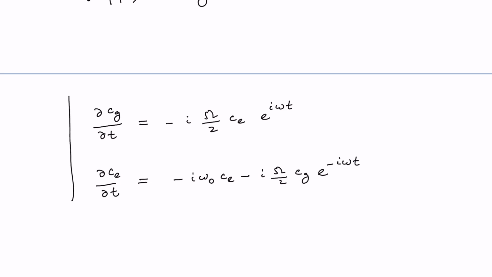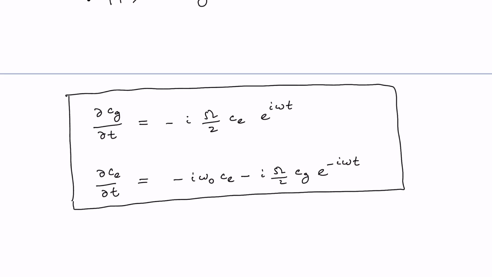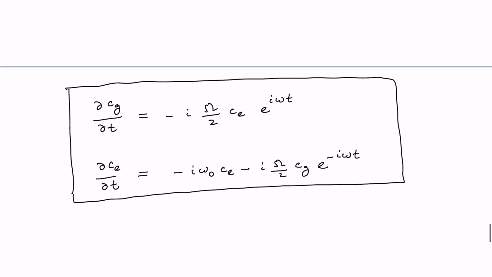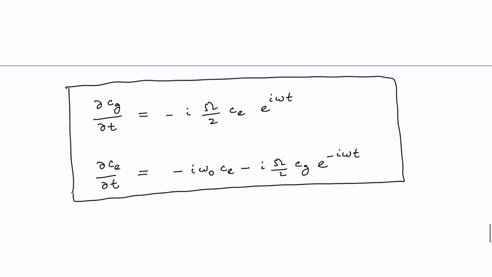These are the coupled differential equations which relate the probability amplitudes of the ground state and the excited state. As you can see, these coupled equations involve oscillating terms at optical frequencies via the terms e^(iωt) and e^(minus iωt).